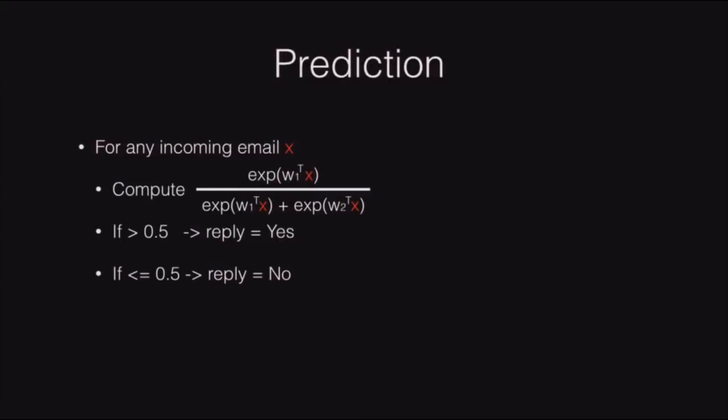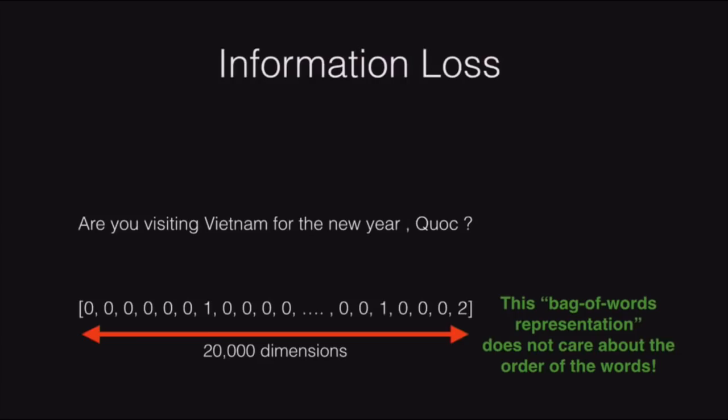Then you compute the first probability, exponential of W1 times X divided by exponential of W1 times X plus exponential of W2 times X. If that probability is larger than 0.5, then you say yes. And if that probability is less than 0.5, then you say no. Okay? So that's how you do prediction with this.